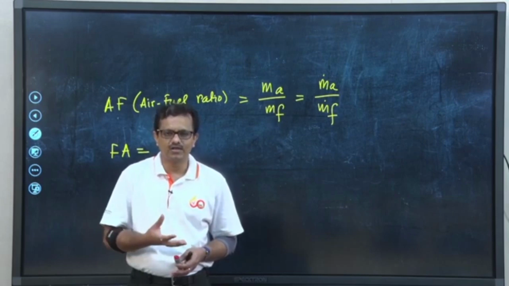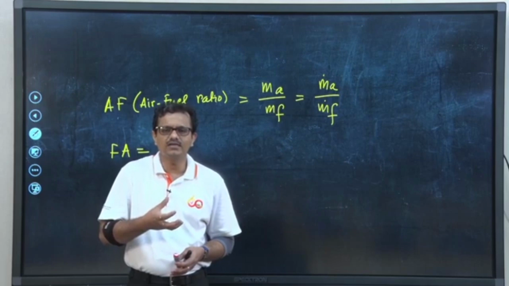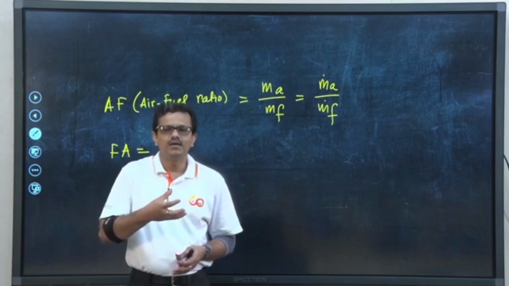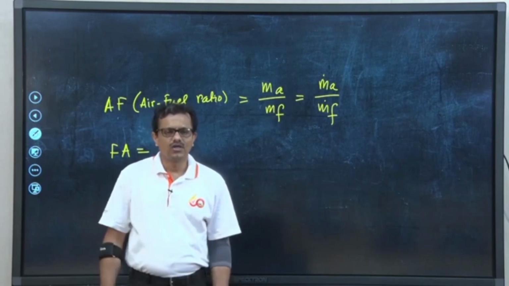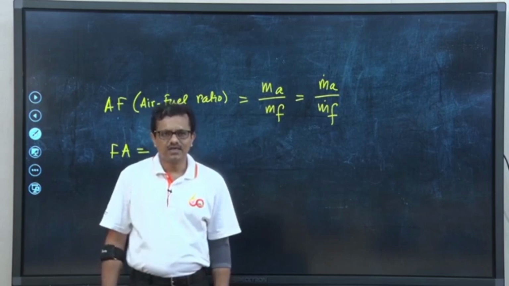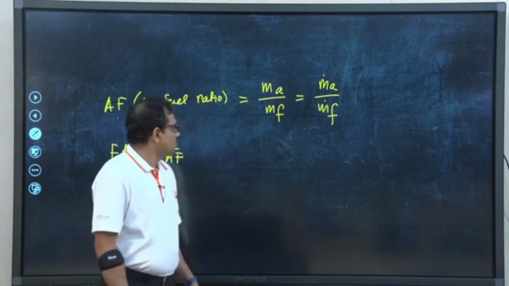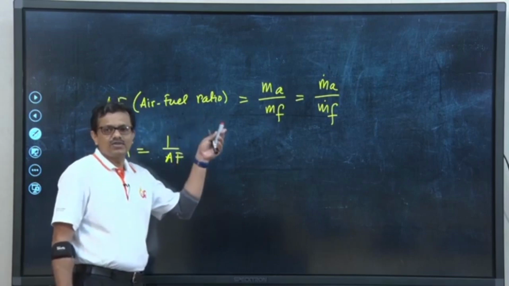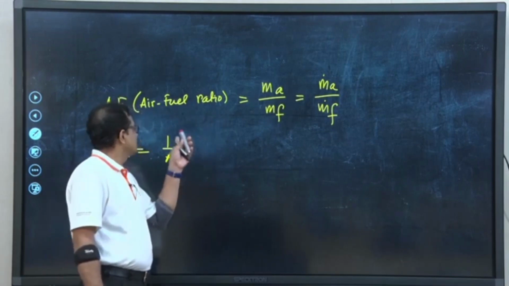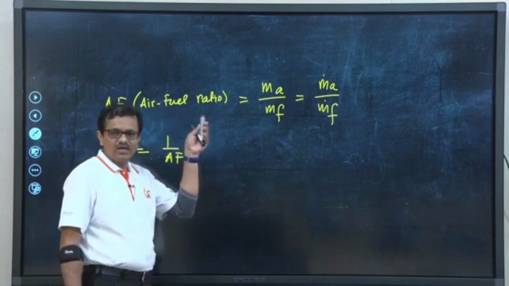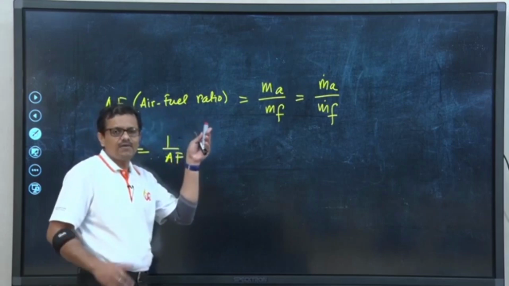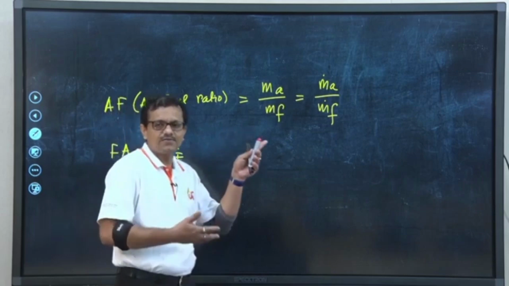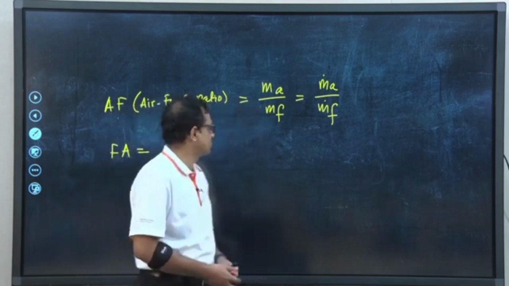Because you are supplying fuel, the chemical energy that remains stored within the fuel will be utilized to get the mechanical energy, right, that is what we are getting. So, what is the amount of fuel to be supplied to the engine? For that there is the air fuel ratio, and we have seen that there is a perfect, chemically correct air fuel ratio, that is the stoichiometric air fuel ratio.